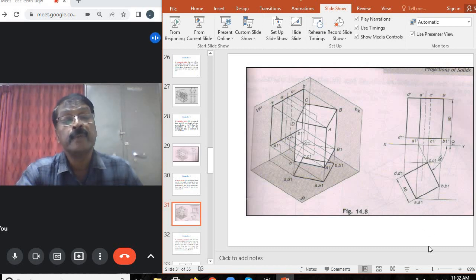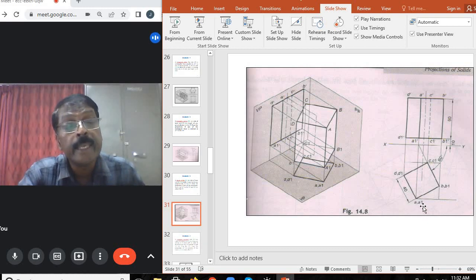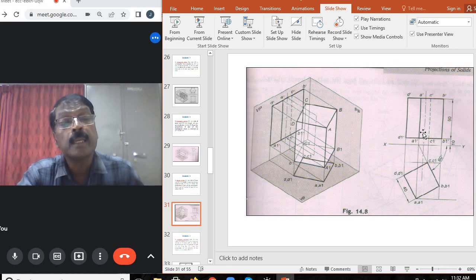If it is viewed from the front, listen here, A1 is visible, so A1 dash is a straight line. When viewed from the front, B1 is visible, so B1 dash is a straight line. Viewing from the front, D1 is visible, so D1 dash is a visible straight line.